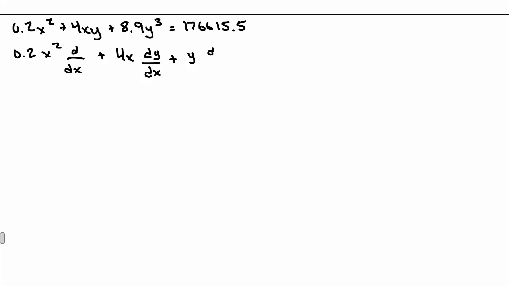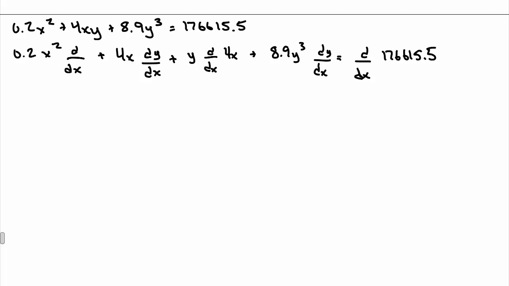Okay, so the derivative of 4x, and then we have to do the derivative of y with respect to x for the 8.9y³, equals the derivative of this constant, 176,615.5.